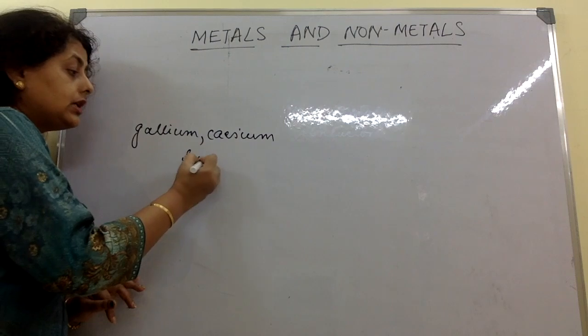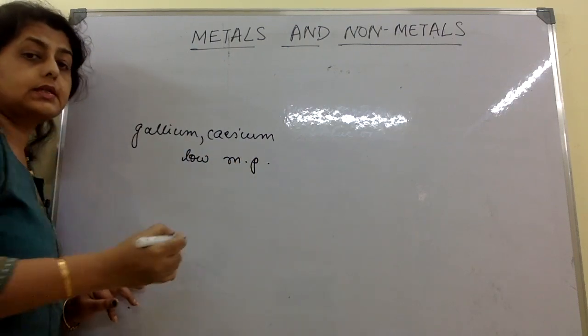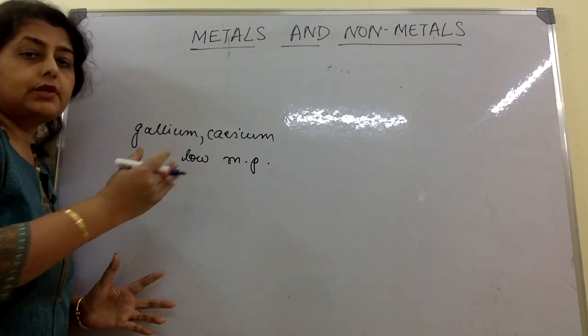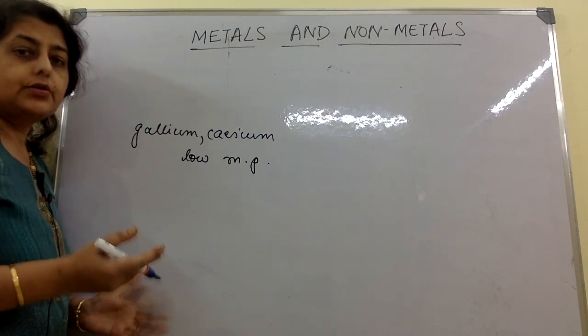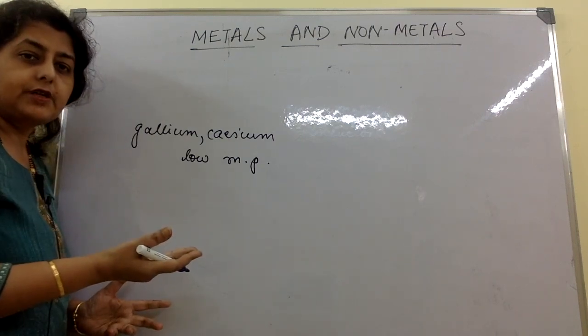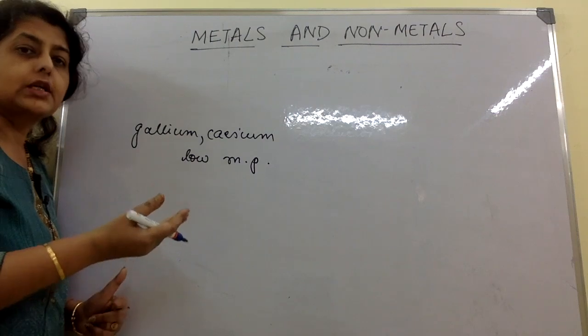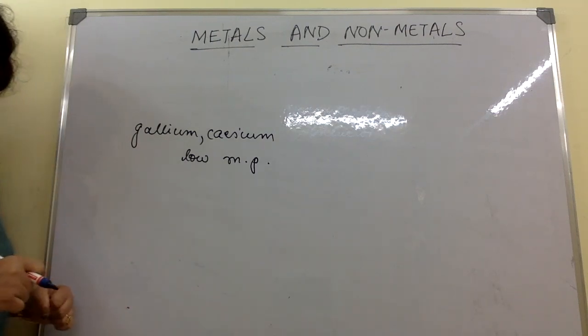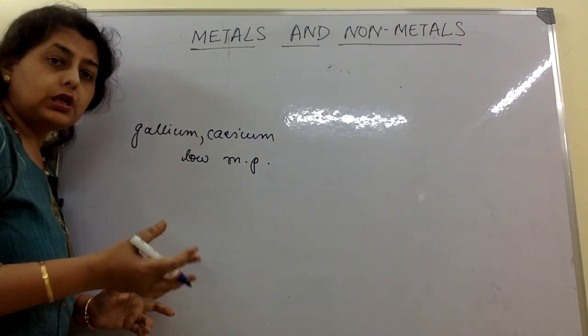These have a very low melting point. If we keep them on the palm of our hands at room temperature, they will become liquids just with the heat of the palm of our hands. That is enough for them to melt. So their melting point is that low compared to other metals.